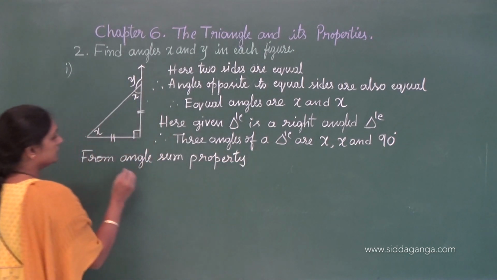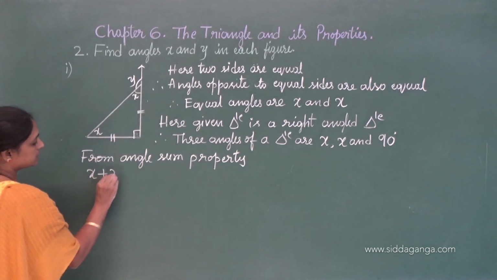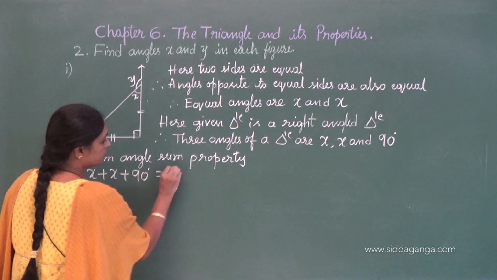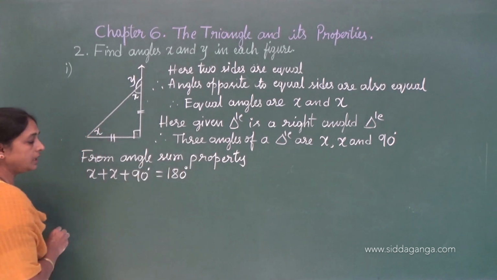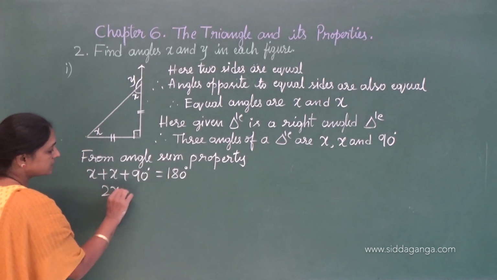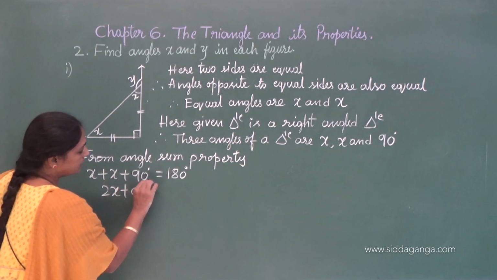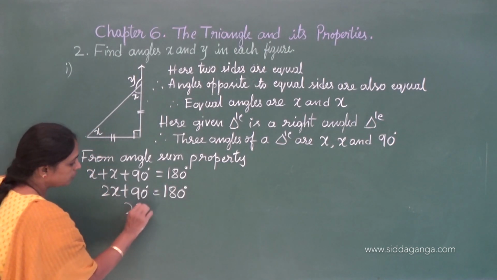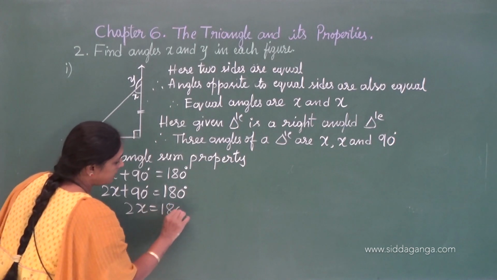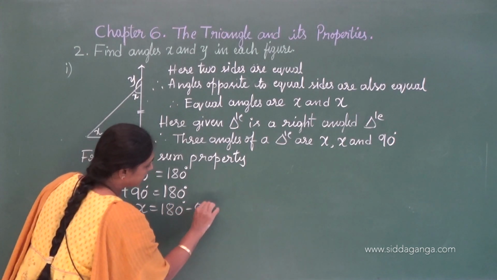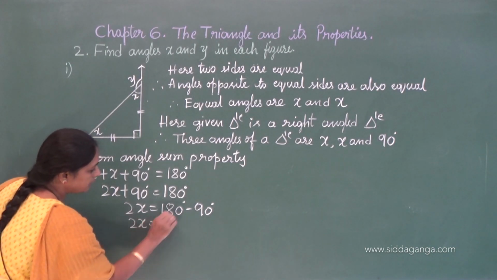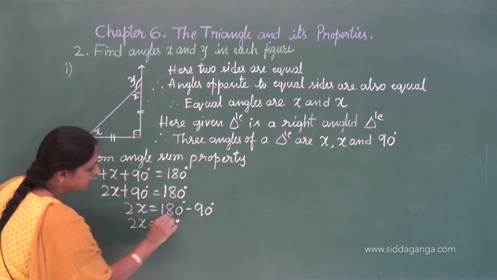What can we write? x plus x plus 90 degree is equal to 180 degree. Okay, x plus x is 2x plus 90 degree, that is equal to 180 degree. Keep 2x, then 180 minus, bring 90 to the right side, then it will be minus 90 degree. 2x is equal to 90 degree.